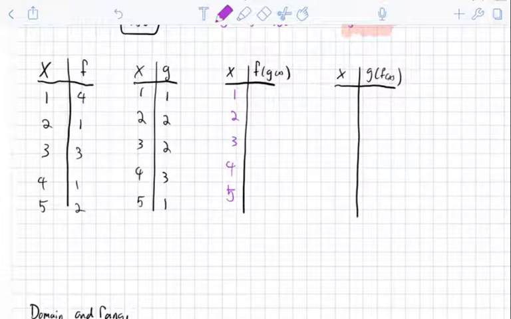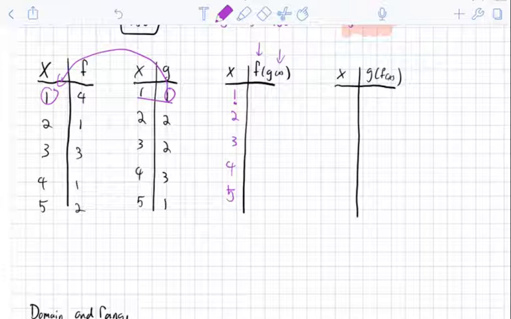So how do I fill this in? This one is f of g of x. So first I'm going to evaluate g of x and then plug that into f. So when x is equal to 1, g is equal to 1. When g is equal to 1 is the input here, f is equal to 4.